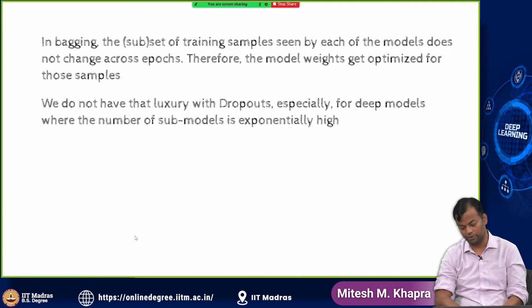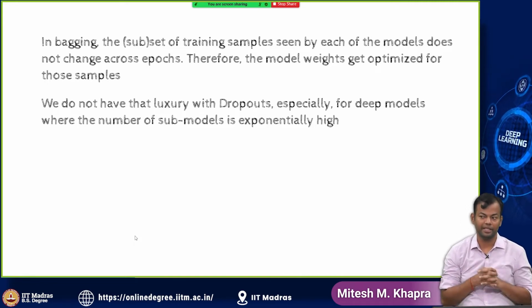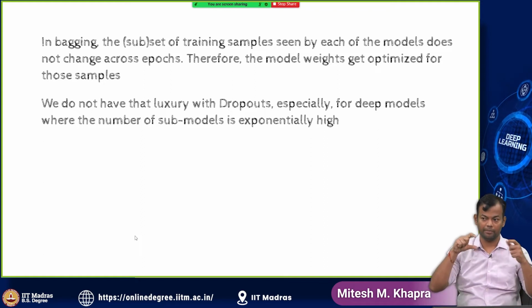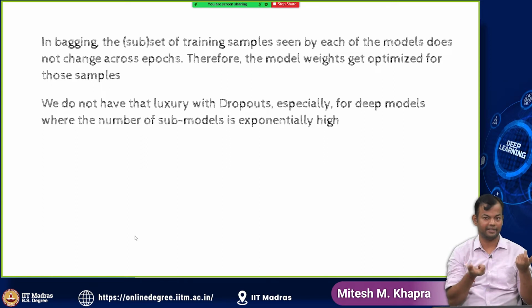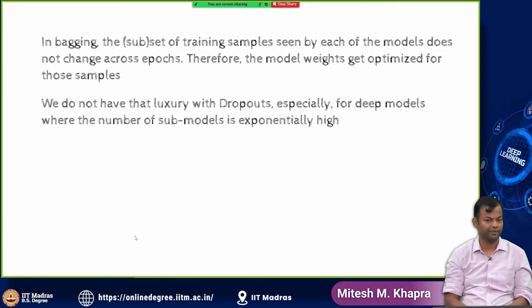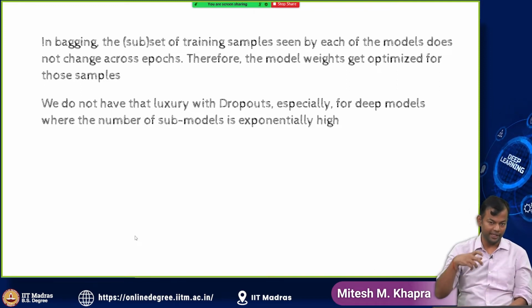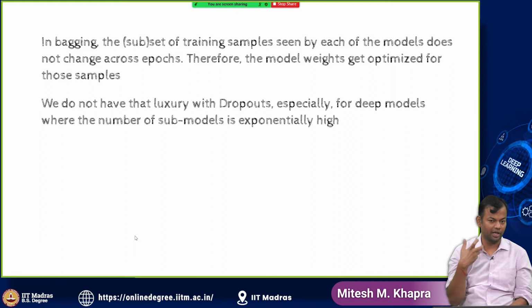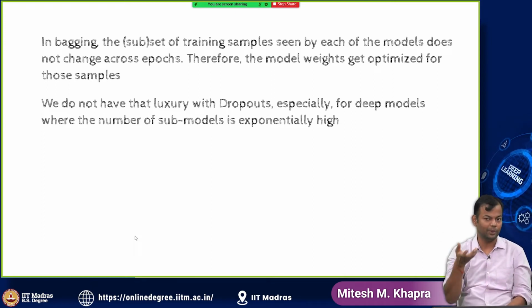But in dropout, we don't have a similar luxury, right? In dropout, what is happening is that you have these multiple submodels. Each submodel is getting sampled rarely, because there are an exponentially high number of submodels. So each submodel is not getting the chance to overfit on specific portions of the data, because hardly will it see the data once.